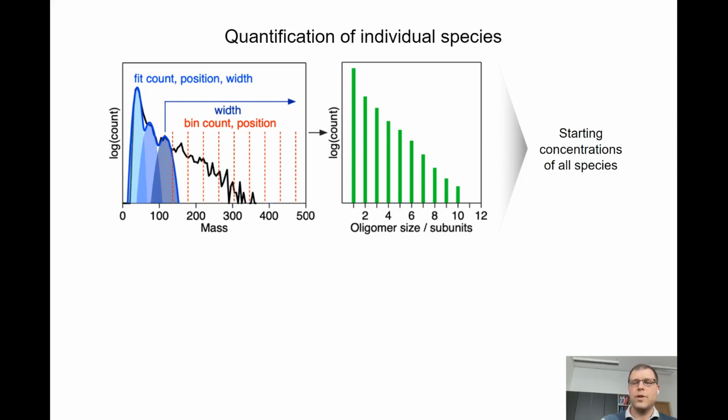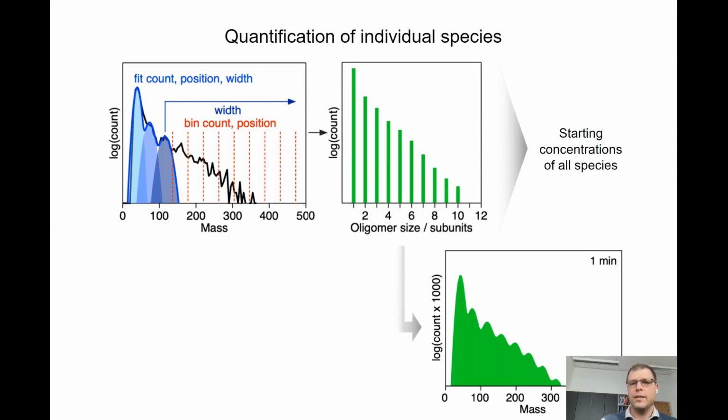And from the Gaussian fit, I also know some parameters from the experiment. So in principle, from any of these oligomer size distributions and counts, I can recreate, based on the fit position of the peaks, as well as the width of the peaks, which corresponds to the mass noise, a simulated mass distribution, which I can directly compare with my experimental histogram.